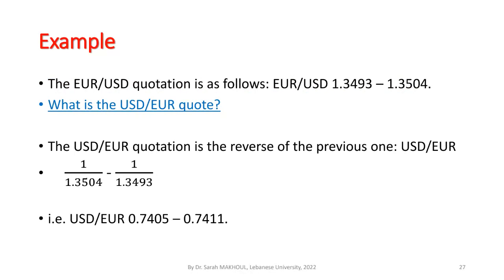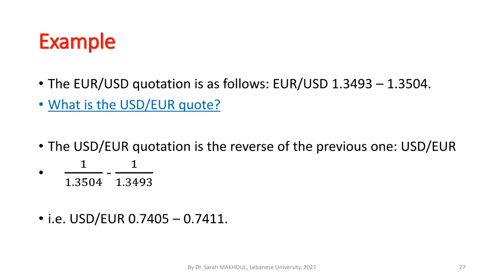So, for example, if you go to Reuters and see the quotation on the screen, the euro against the dollar is 134.93 and 135.05. What about the US dollar against the euro? Don't panic, it's easy.